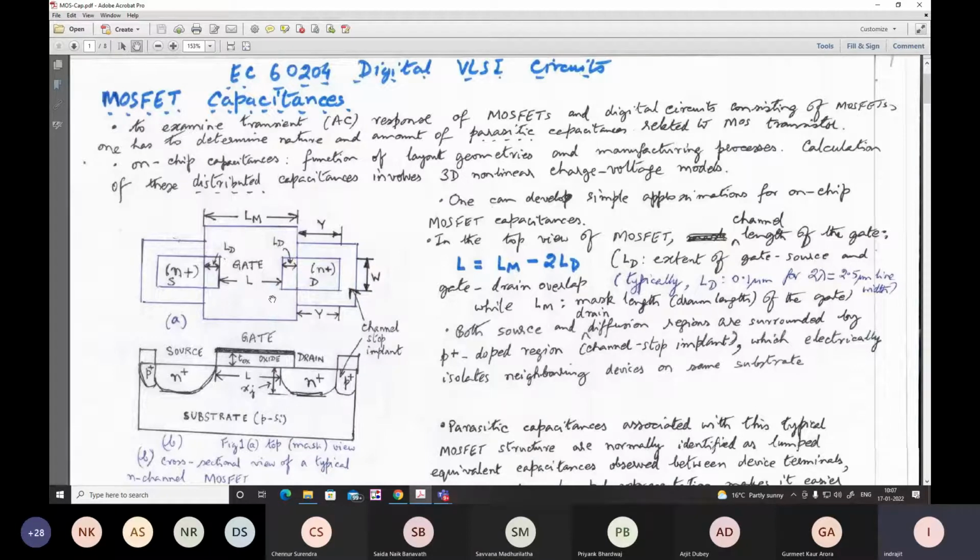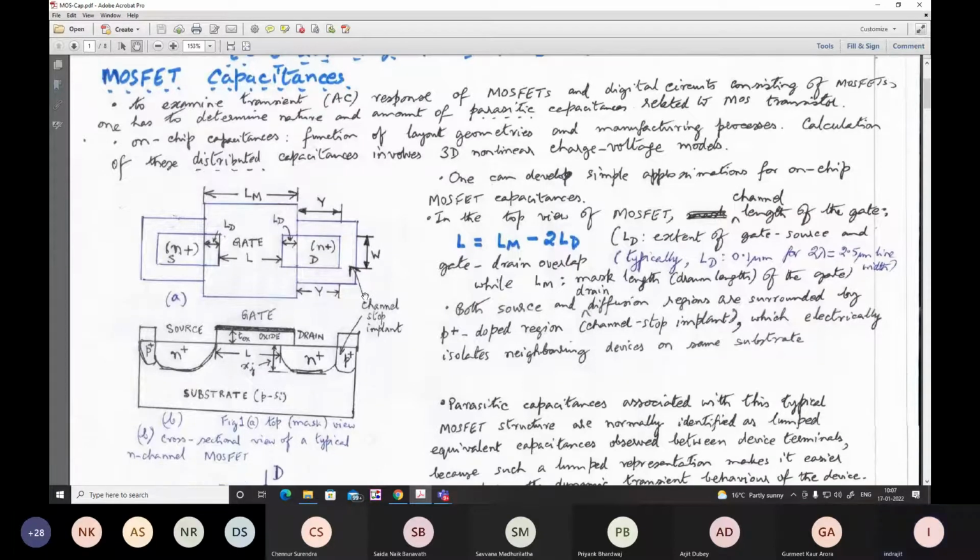Here, there will be lateral flow of the impurities. So this amount of overlap LD, which we show here between the gate and source on this side and gate and the drain on this side, will be unavoidable. This is also allowed. Some tolerance has to be kept. So the electrical length, the actual length of the channel, will be reduced to Lm minus 2 LD.